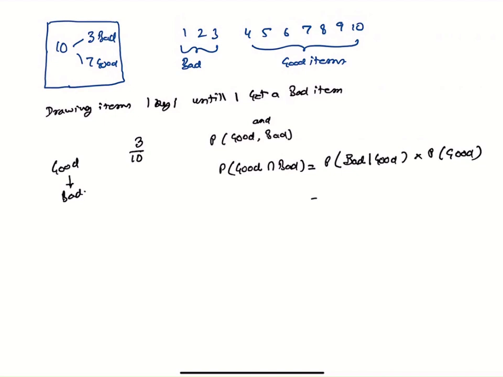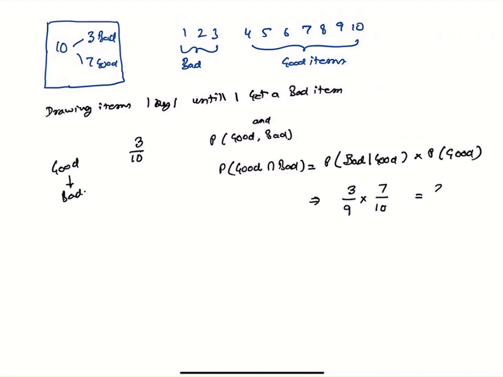So the probability of picking a bad item and then a good item: the probability of picking a bad item after you have already picked a good item is going to be 3 out of 9, while the probability of picking the first good item was 7 out of 10.